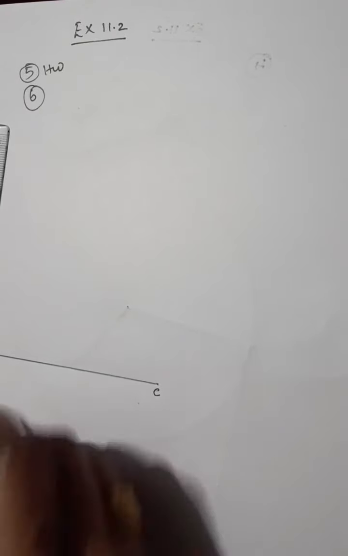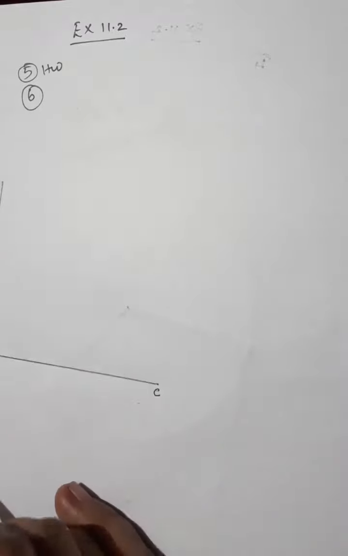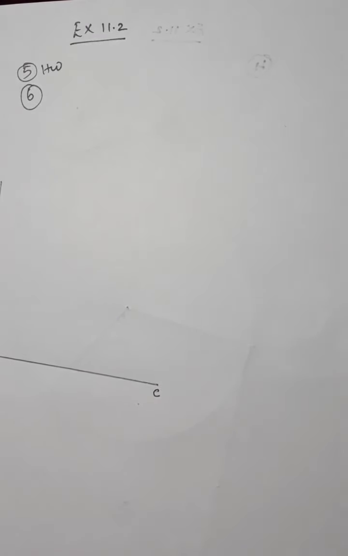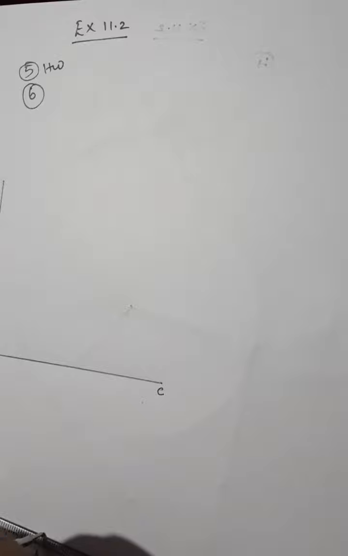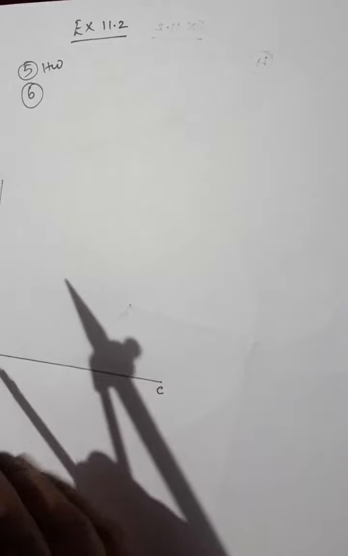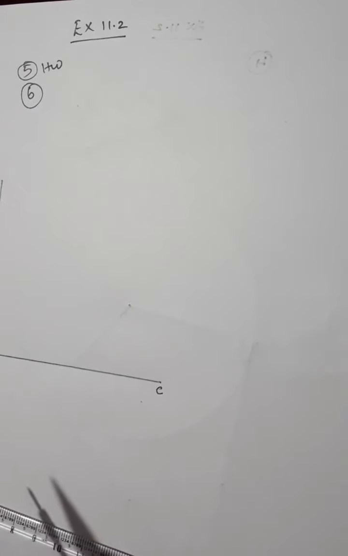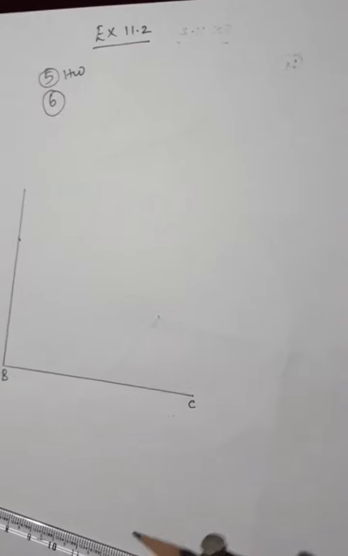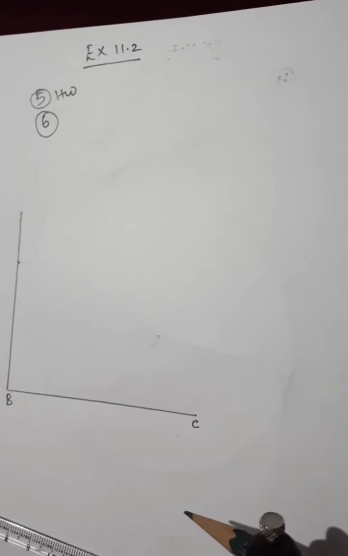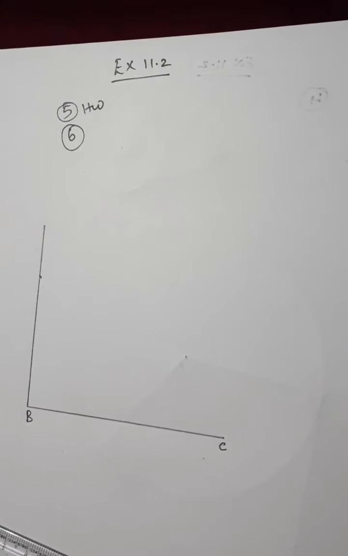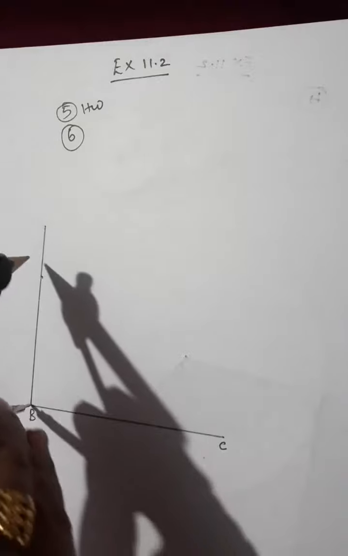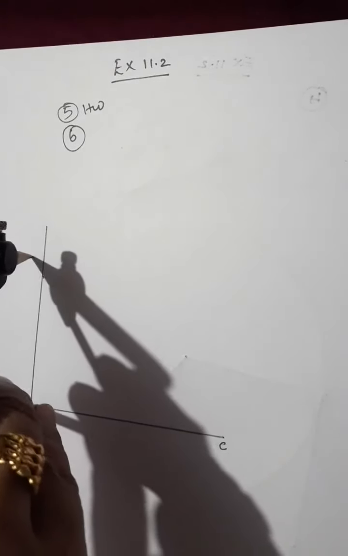Then AB is given as 6 centimeters. So I want to take 6 centimeters in the compass and keep it here, and draw the 6 centimeter arc there.